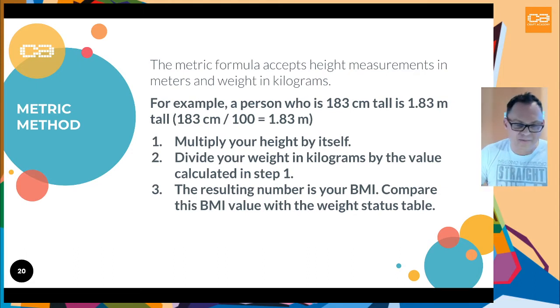So we have to multiply our height with itself. We have to divide your weight in kilograms by the value calculated in step 1, and the resulting number is the BMI value you have, and you can compare this value to the weight status or classification table. I will get to that in a second.